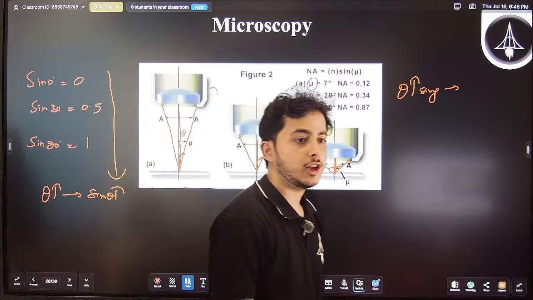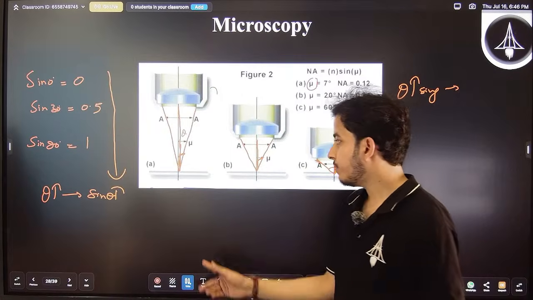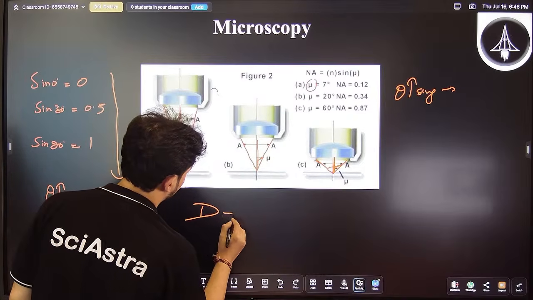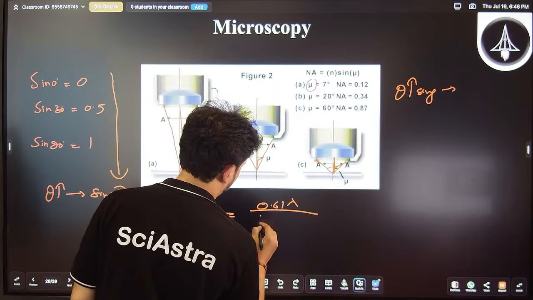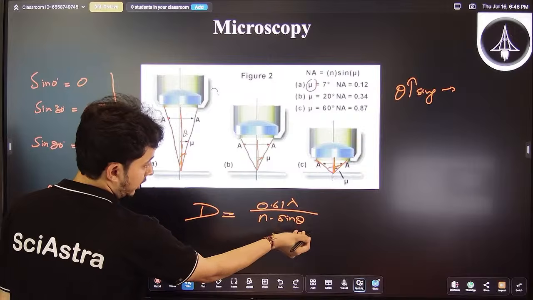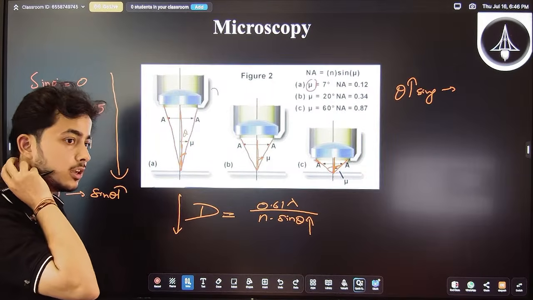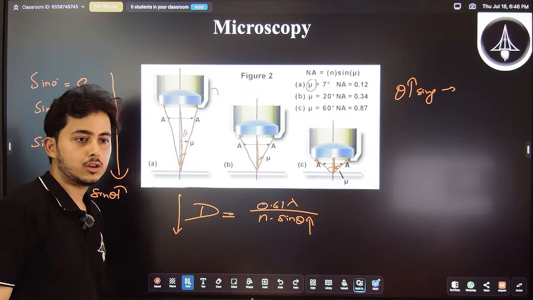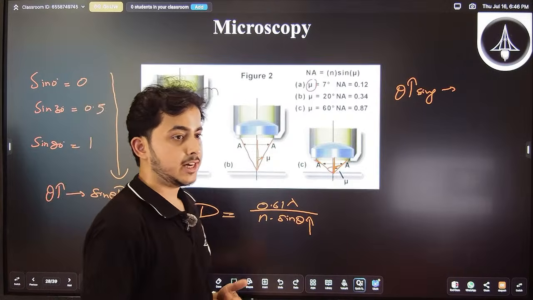So in this formula that I wrote, that is d is equal to 0.61 lambda divided by n sine theta, if sine theta increases, limit of resolution decreases, right? So that means the resolving power increases. That is better for us.